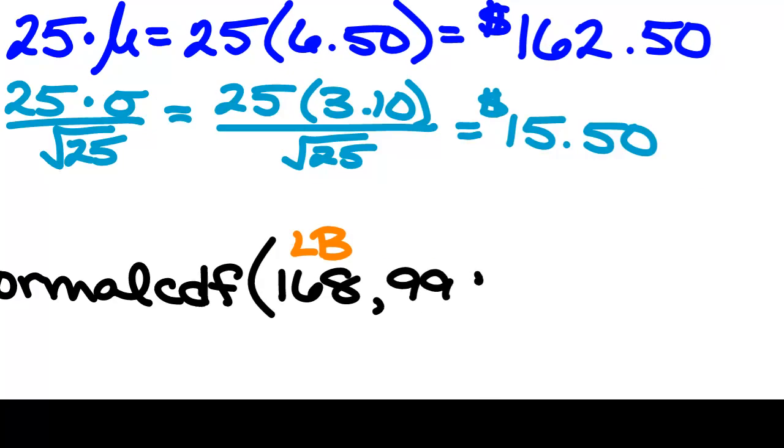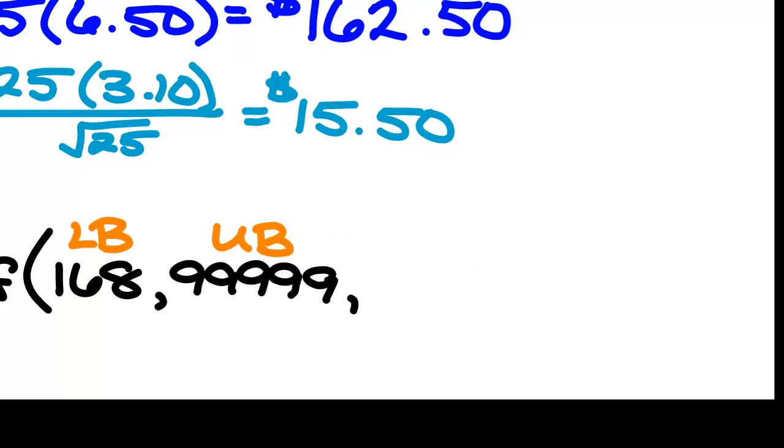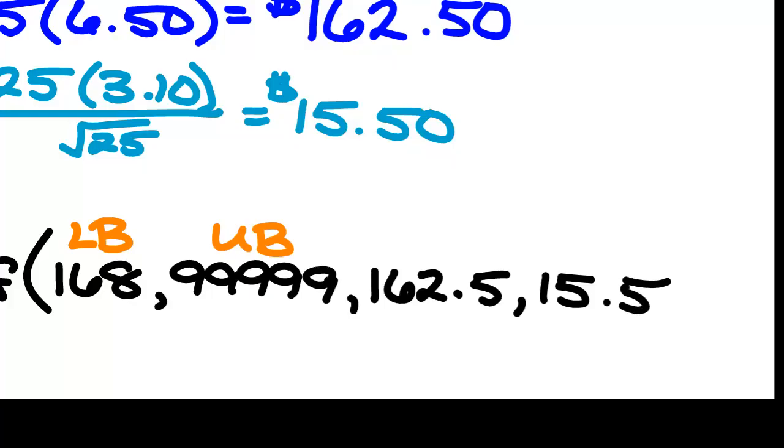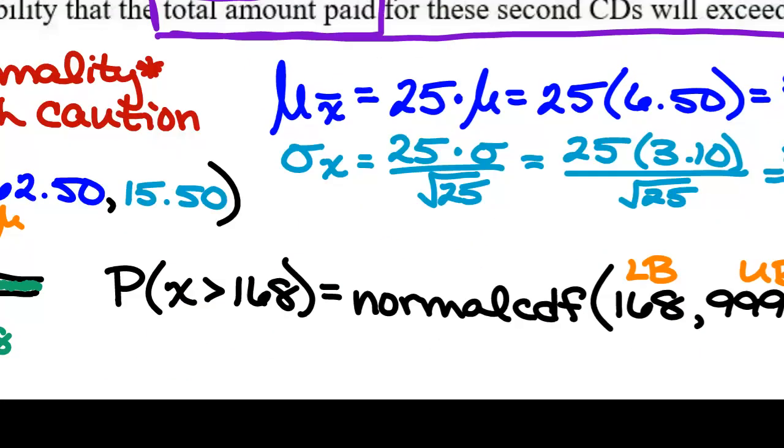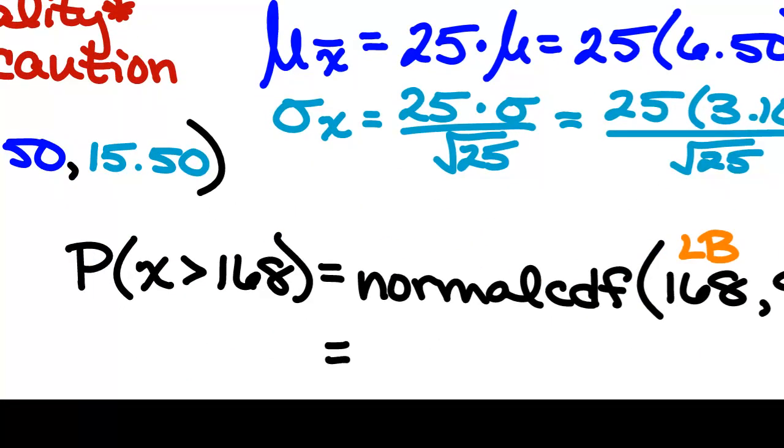Something large, so I'm going to do several 9s here. 99,999. Then what? Mean and standard deviation. So 162.5 and 15.5. Make sure that you are going in and labeling those pieces. You don't just have normal CDF in the parentheses written down. You have them labeled lower bound, upper bound, mean, and standard deviation. Yes?